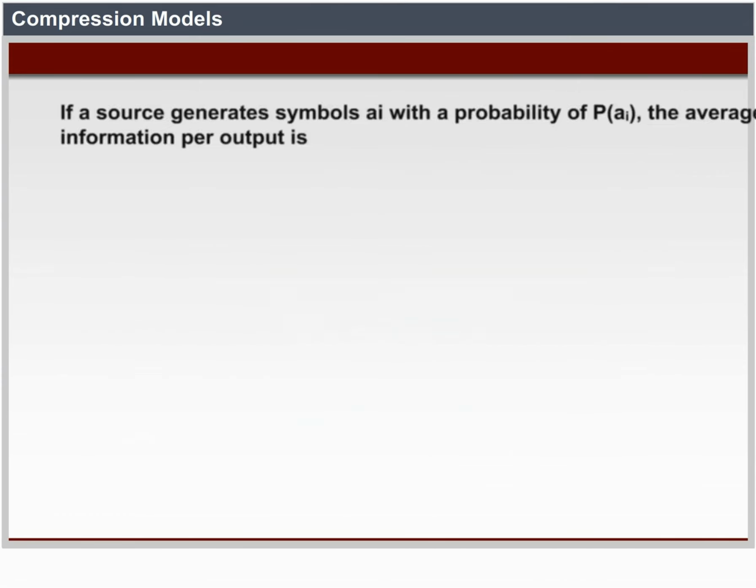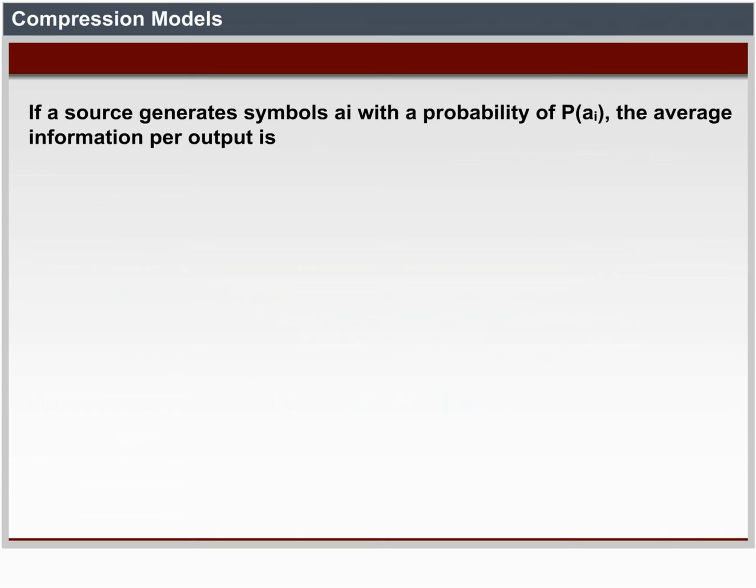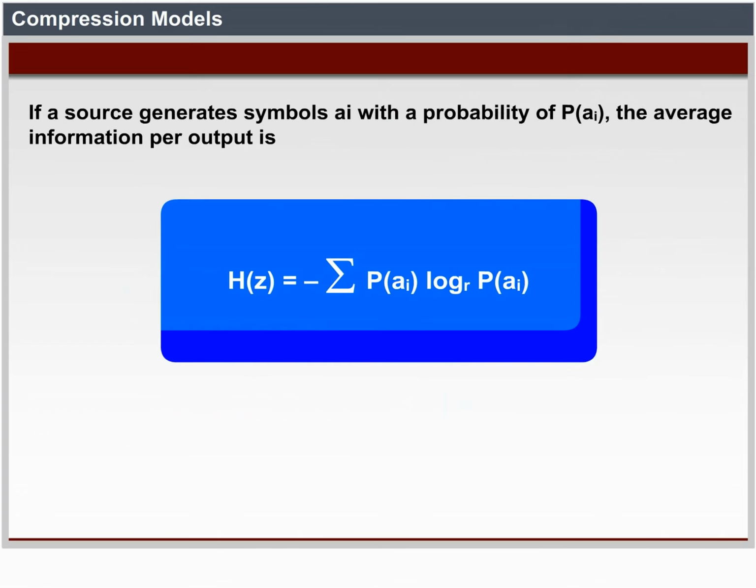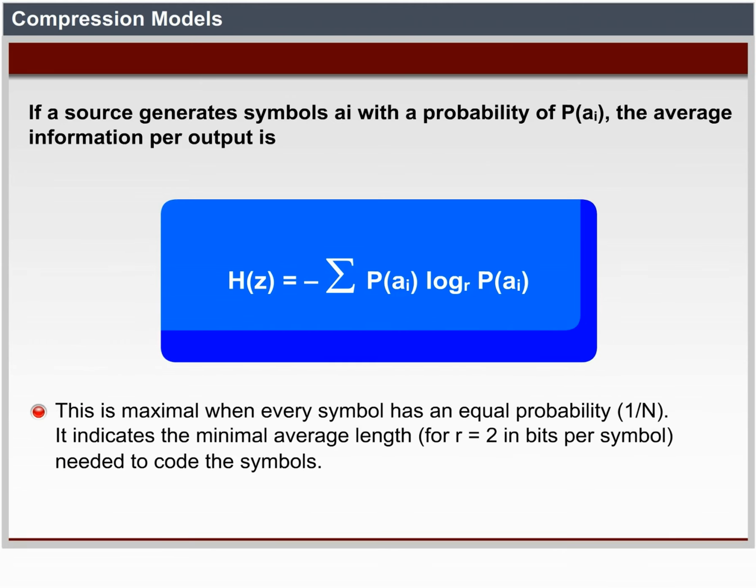If a source generates symbols a_i with the probability P(a_i), then the average information per output is H(z) equals minus sigma P(a_i) log_r P(a_i), the uncertainty or entropy of the source. This is maximal when every symbol has an equal probability, 1/n. It indicates the minimal average length, for r equals 2 in bits per symbol, needed to code the symbols.